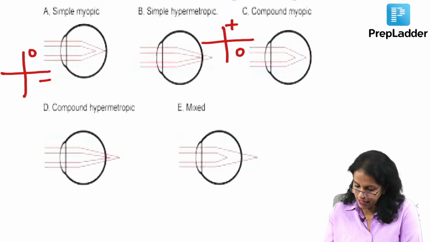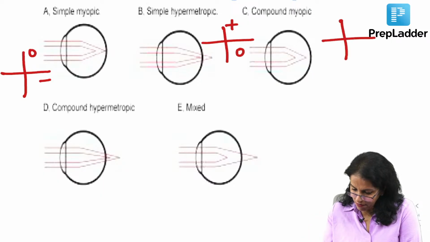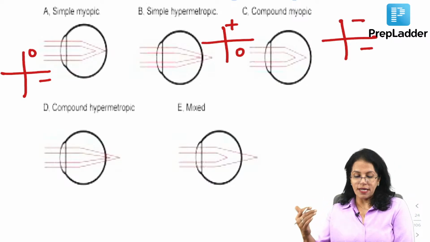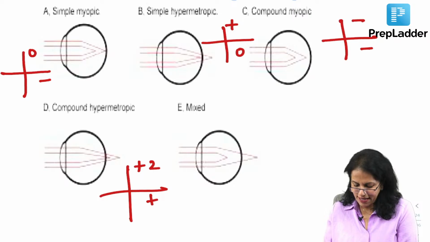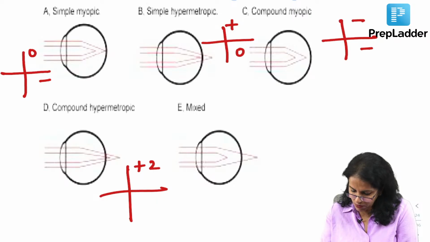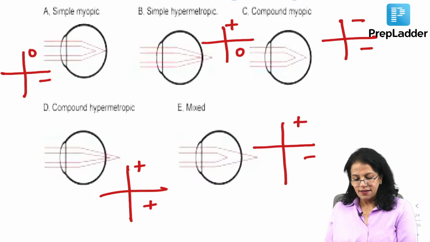Possibility can be any. Compound myopic means both are minus but different numbers, minus 2, minus 3. Compound hypermetropic, both are plus. It can be anything plus 2, plus 3, but both are plus, right? And when you say mixed, we all know one axis is plus and one is minus, right?